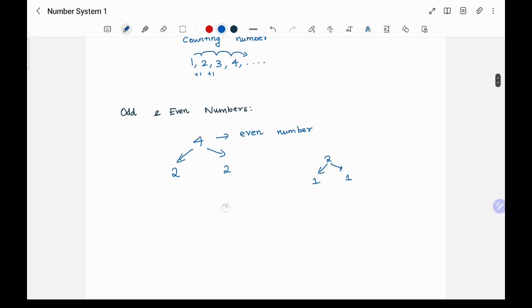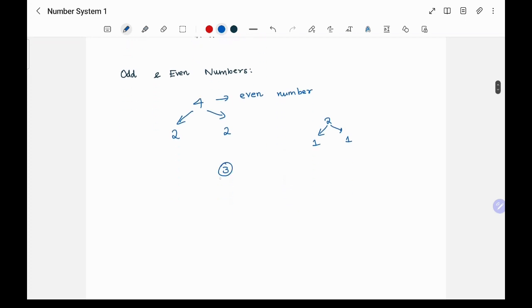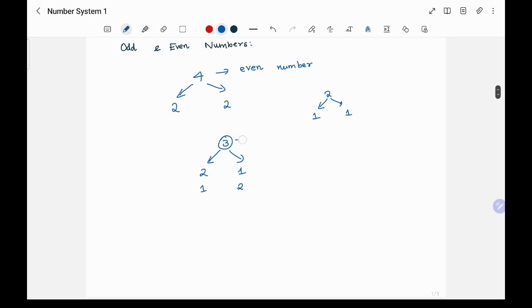On the other hand, if you take 3, you can't divide it equally into two groups. So you can either divide it as 2 and 1 or 1 and 2, but there is no equal division possible. At least we are assuming that we cannot divide the numbers, or introduce decimals. We haven't introduced decimals yet. So this 3 is one of the odd numbers which cannot be divided equally into two parts.